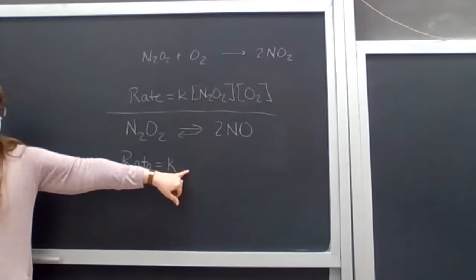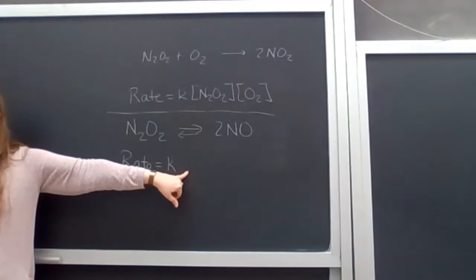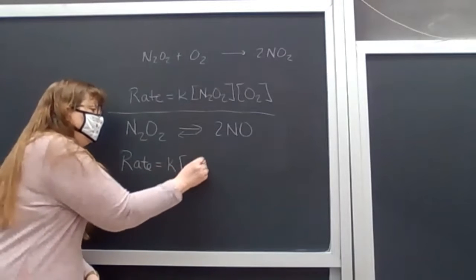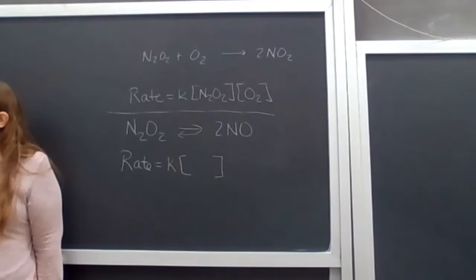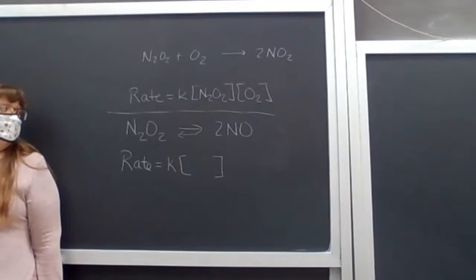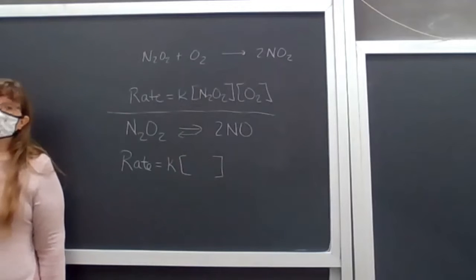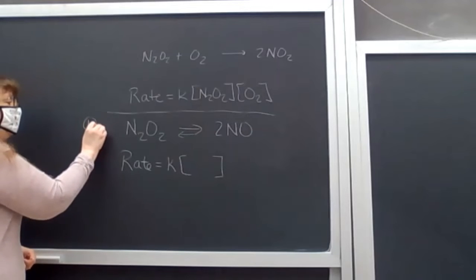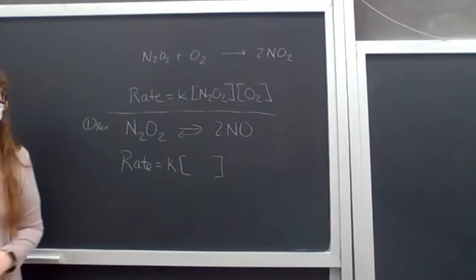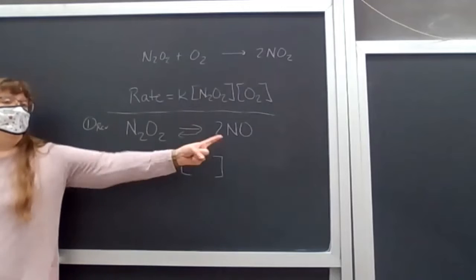And then what's going to go here? It's going to be something in brackets, some concentration, which chemical? It's going to come from this reaction. So this is step 1. I'm going to label it as reversed, right?